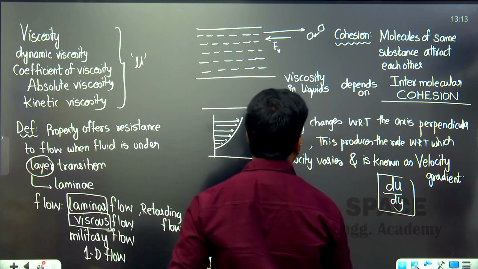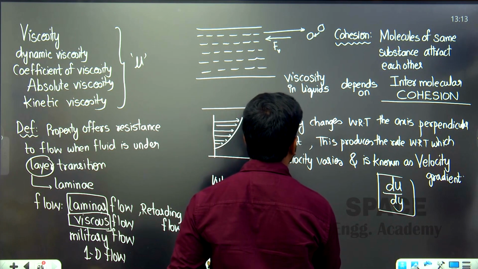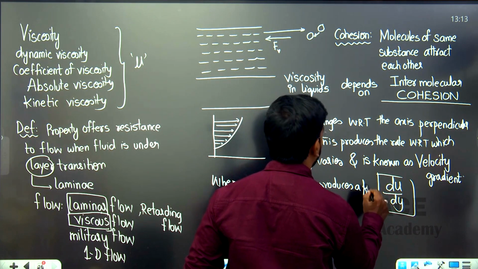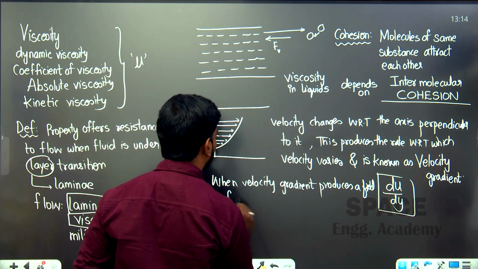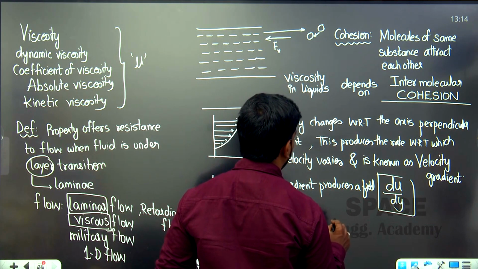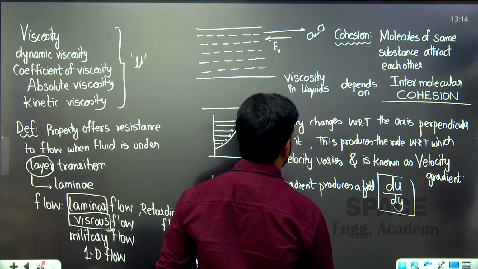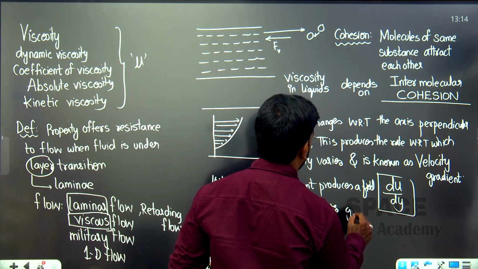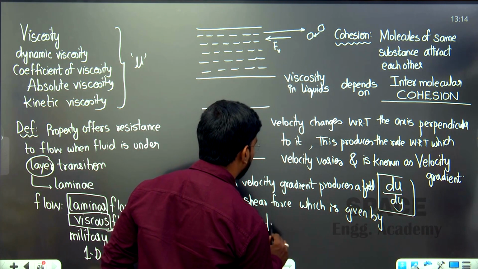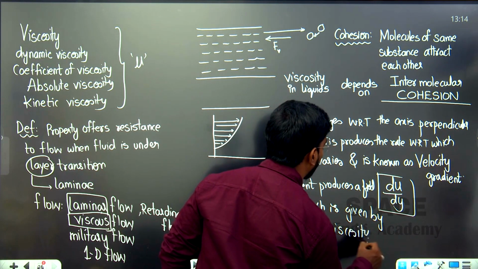When velocity gradient is there, it produces a field of shear force, which is given by Newton's law of viscosity.